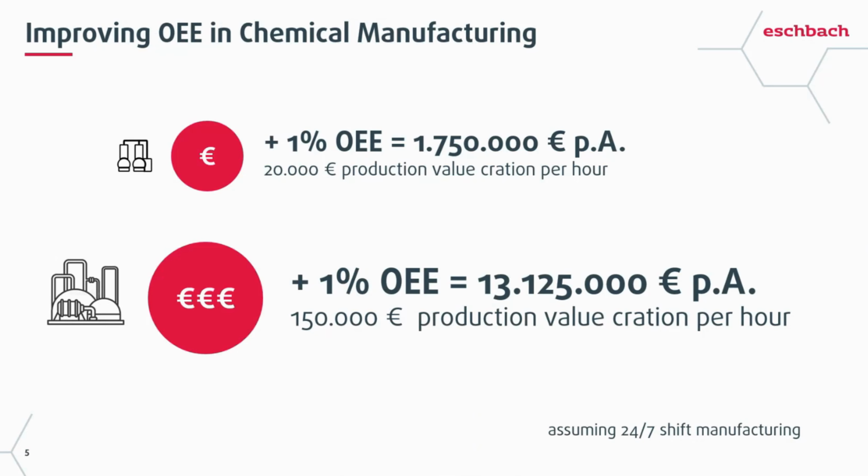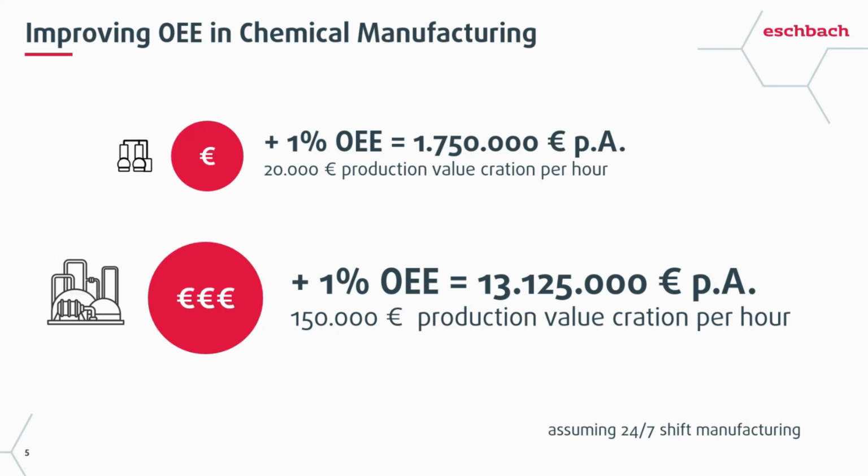Talking about the business case for OEE in chemicals, it's very simple mathematics. Just think about your manufacturing network, about your plant, and think about the daily and hourly value creation which you have there. How much is it per hour when the plant is up and running at your typical best rate?